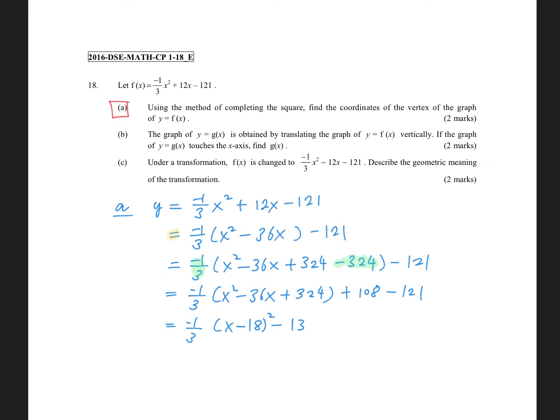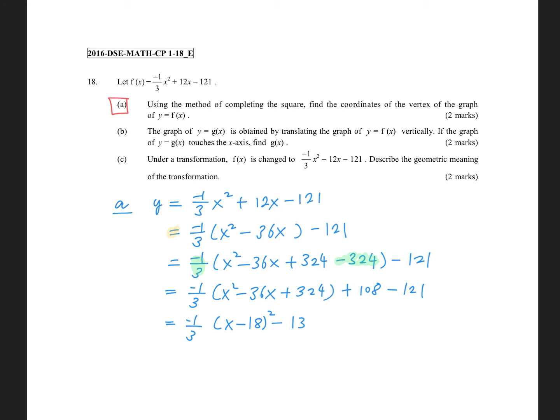So we use the method of completing the square to rewrite a quadratic graph in general form into its corresponding vertex form. From this vertex form, we can directly write down the required vertex, which is (18, minus 13). That completes part A.